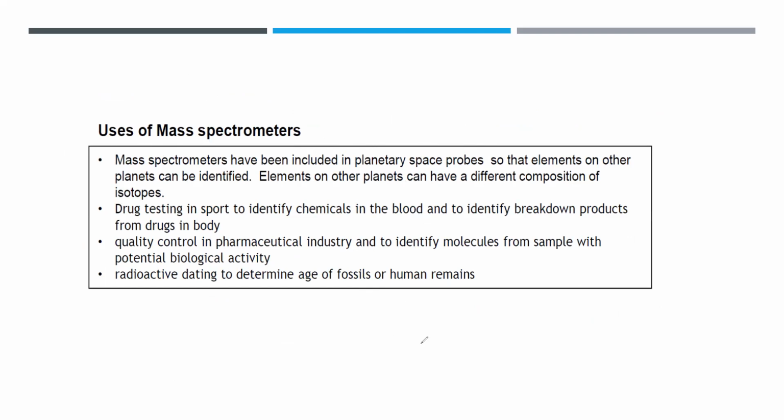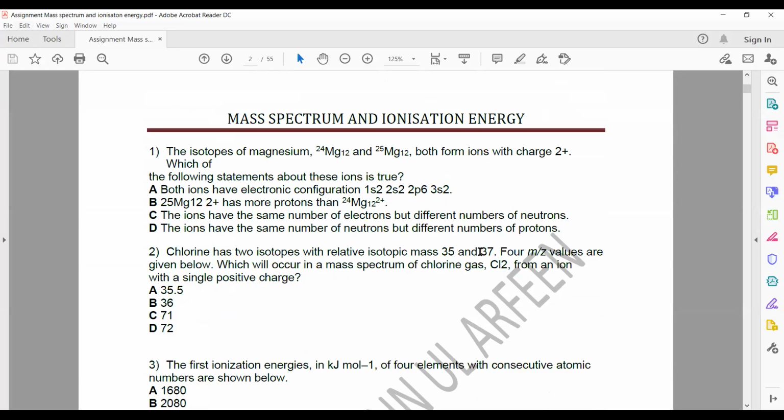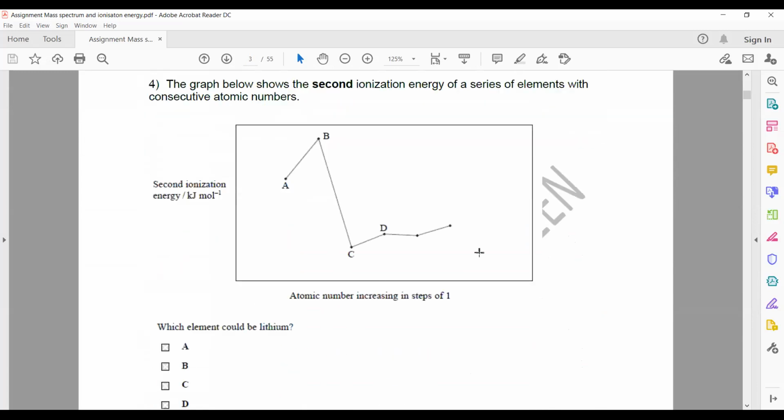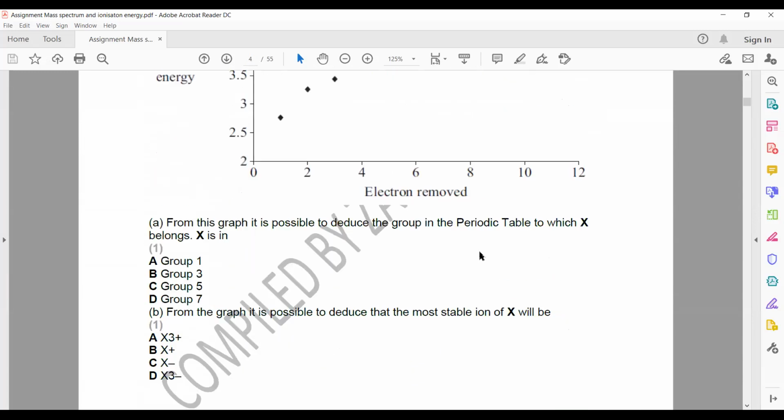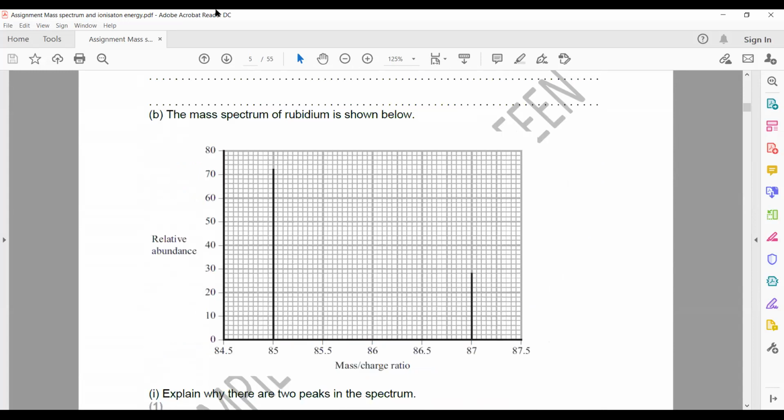Now some questions I'll discuss with you related to the mass spectrometer. So these are the questions related to the mass spectrometer. Already we discussed a few of them. Like we discussed this one, how to get the relative atomic mass.